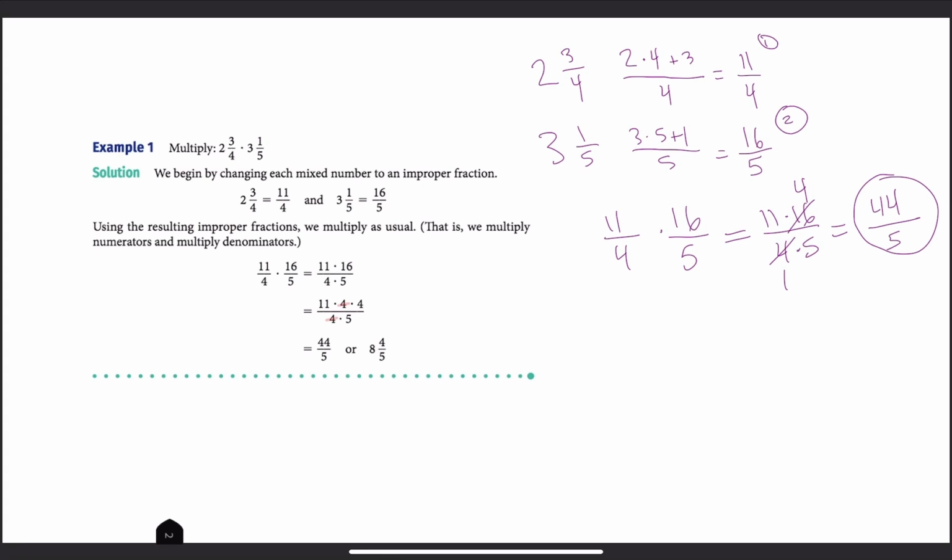So to do that, I simply have to divide. 5 into 44 goes 8 whole times, because 8 fives is 40, with 4 left over. So 4/5. So 8 4/5, or 44/5.